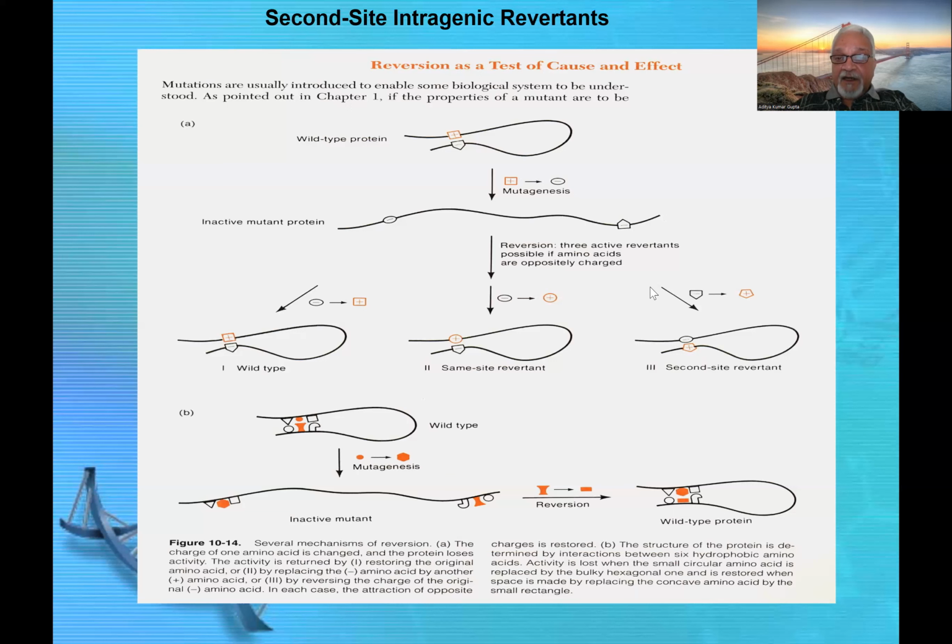Now, the third possibility is that this mutation stays as it is, but in the same gene, in this place, which was minus, it becomes positively charged because of a second mutation.